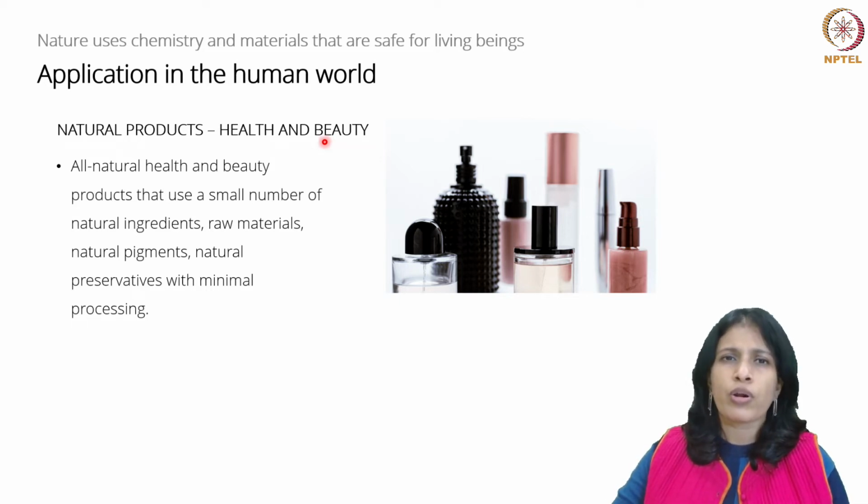We are talking about products that are genuinely natural, which means they use a small number of natural ingredients, just like what nature does. They use natural raw materials and pigments with minimal processing. And that's how they become safe for living beings.